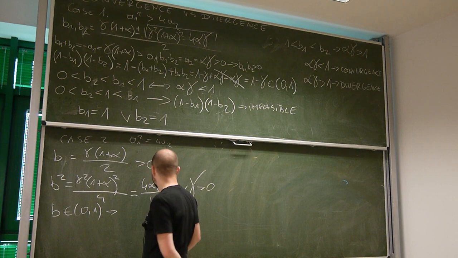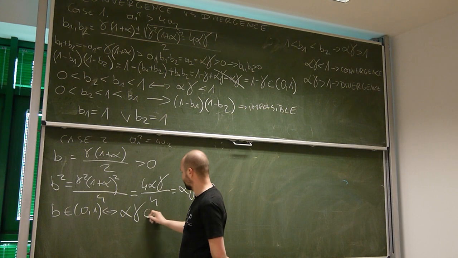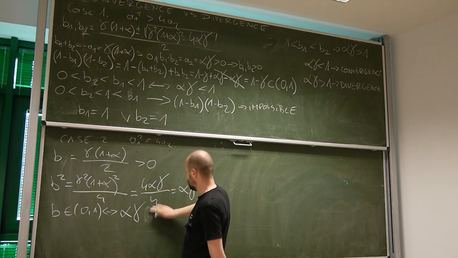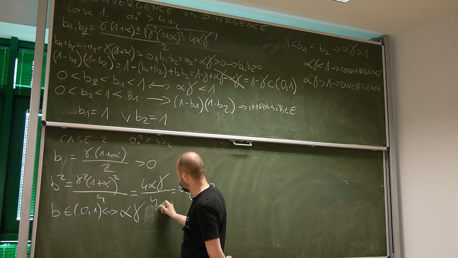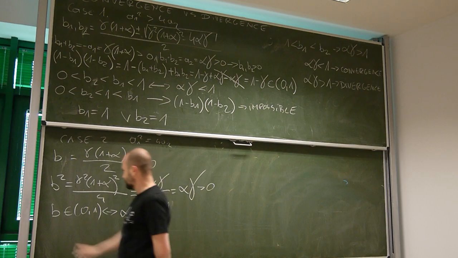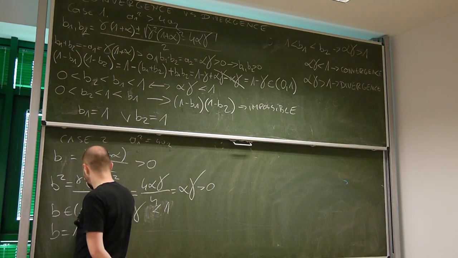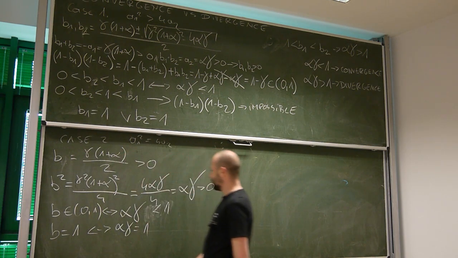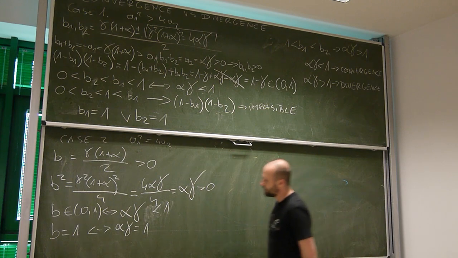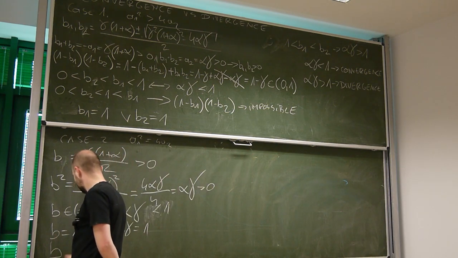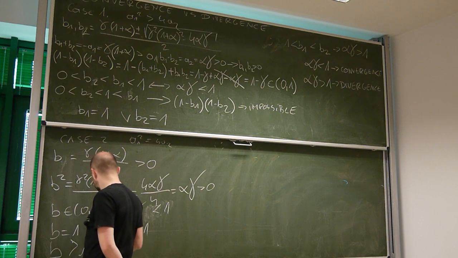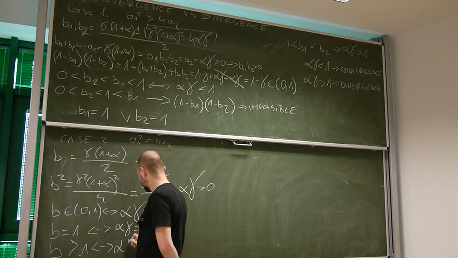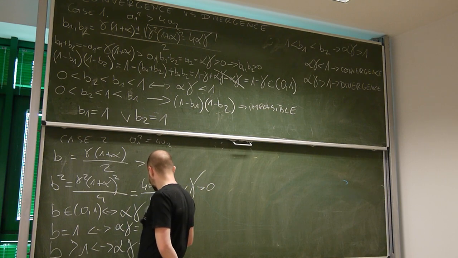So b between 0 and 1 will be happening if and only if this is lower than 1. b equal to 1 will happen only if alpha gamma will be equal to 1. And finally, b will be bigger than 1 if alpha gamma will be bigger than 1.